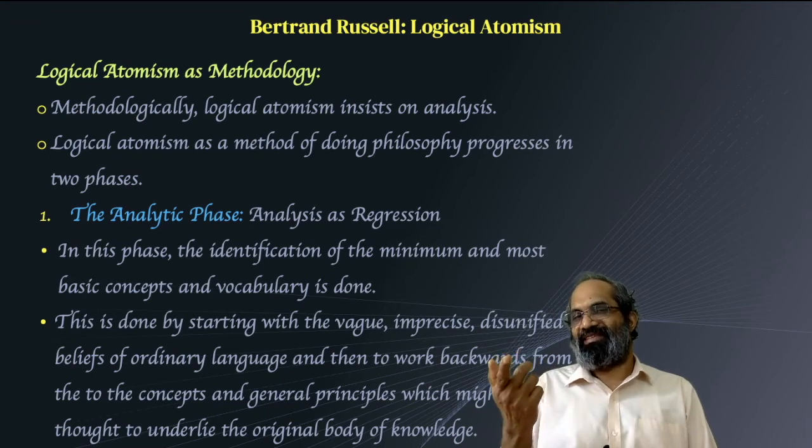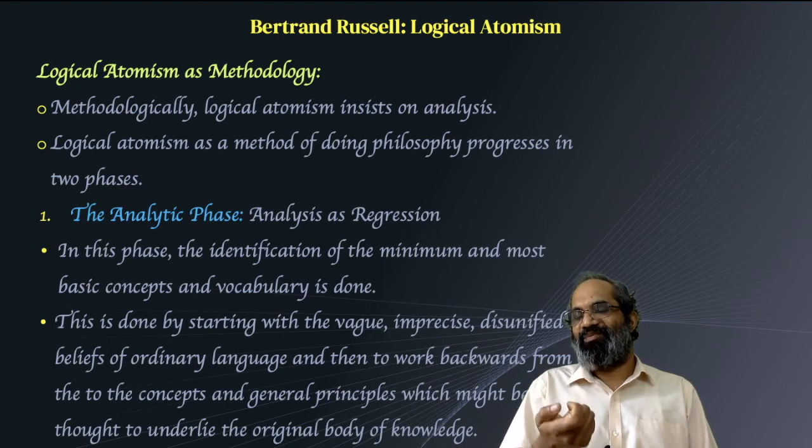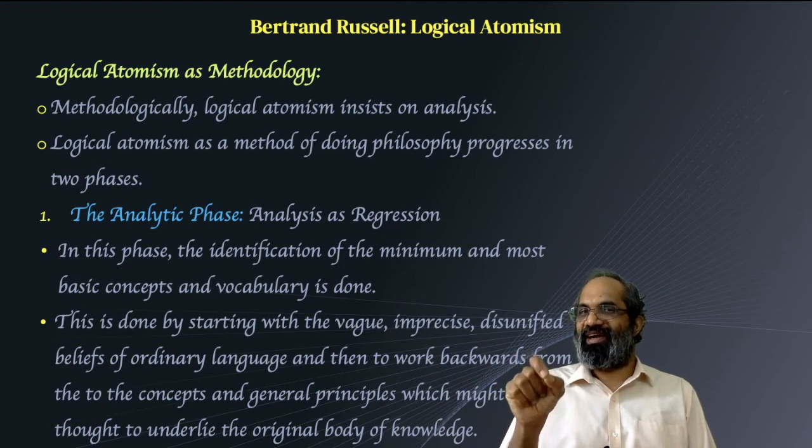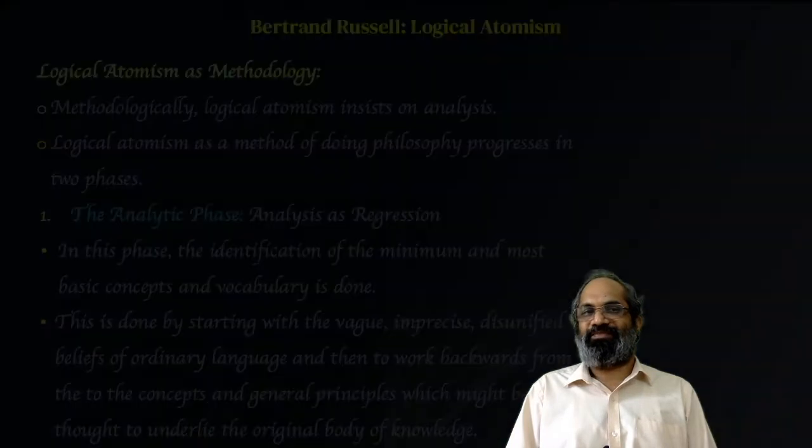Think about the earlier example of the definite description. 'The' is used in everyday language, but we are not aware of the underlying concepts lying behind the notion 'the'. That's what made so many philosophical puzzles, and we could solve these puzzles by describing 'the' in terms of the underlying notions. That is what is done in logical atomism.